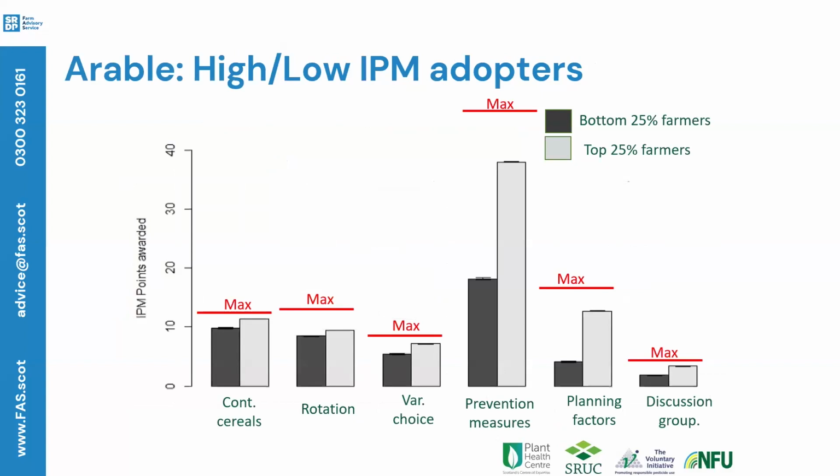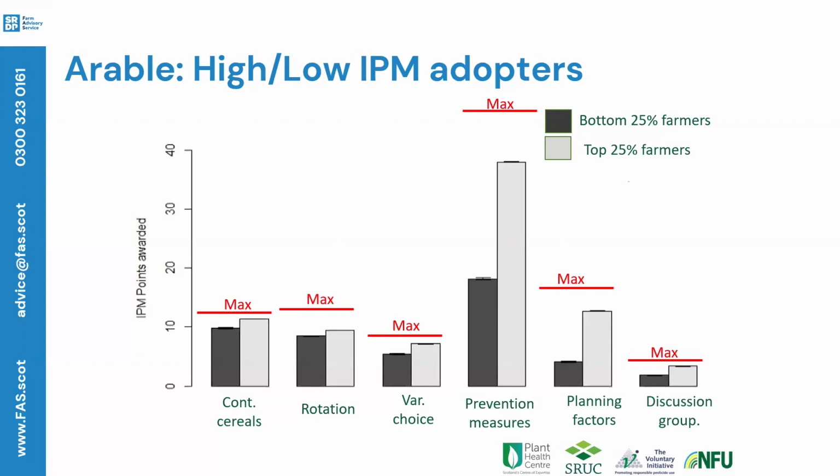You can see there things like continuous cereals, rotations, varietal choices. The big difference between the high scorers and the low scorers is their pre-planning for those preventative measures. So they're thinking about their varieties, they're thinking about seed treatments, they're using break crops.